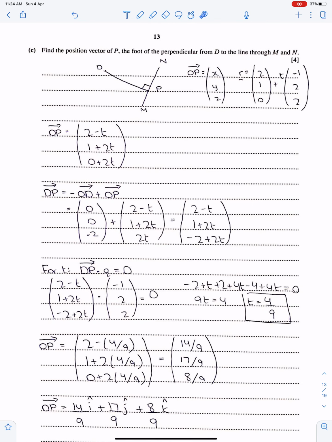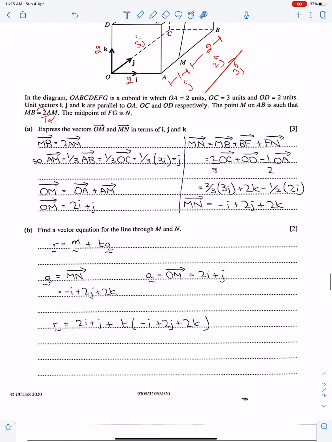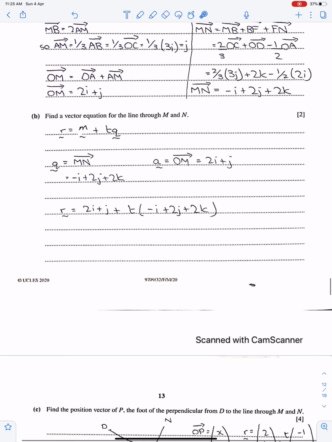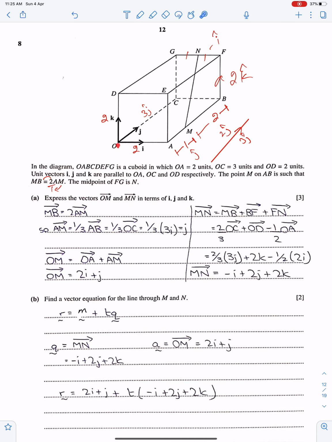Find the position vector of P, the foot of perpendicular from D to the line MN. D. Where is D? D is, let me check, OD. Okay, this is OD.